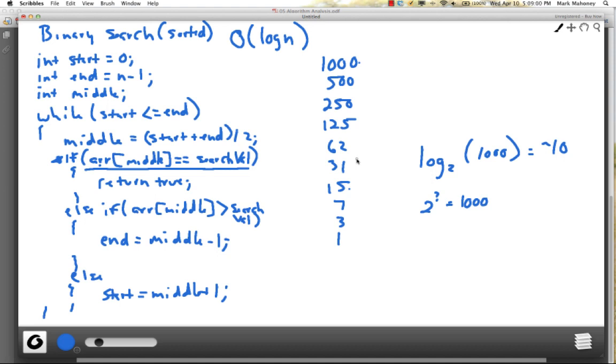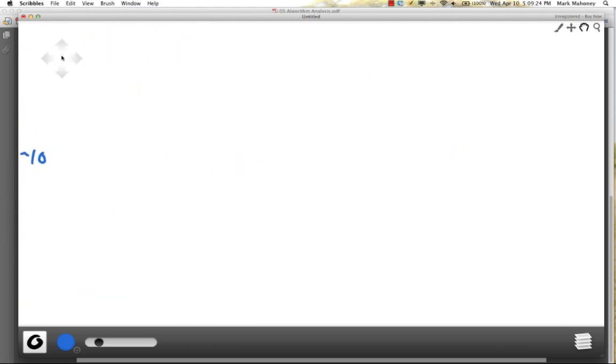Okay, so I always end this lecture with this question: is it better to sort an unsorted collection using bubble sort, which is an n-squared algorithm, and then use a binary search, which is a log n, or leave the collection unsorted and just use a linear search, which is a big O of n algorithm? Okay, so let me write this down here.